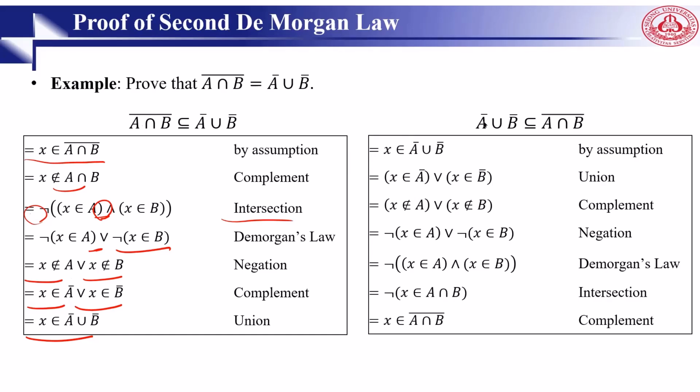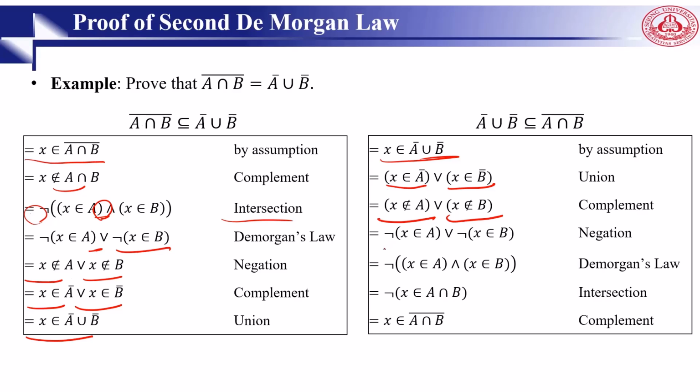Then we show that complement of A union with complement of B is a subset of or equal to complement of A intersection B. So by assumption, we have this one. Then union x in A complement or x in complement of B. Then we change the complement. It means x is in complement of A. It means x is not in A. X is in complement of B. It means x is not in B. Right?